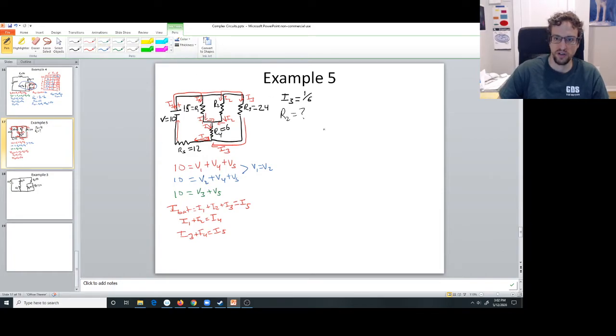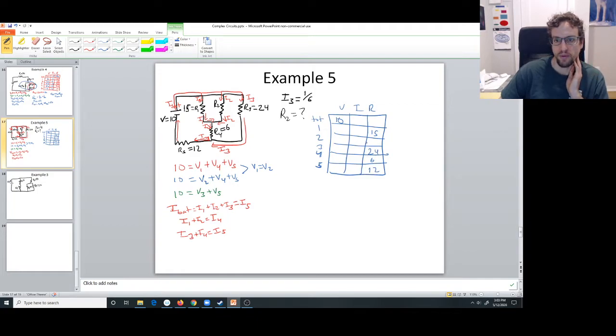Okay, let's draw our chart. This is 10. So this is VIR. Total 1, 2, 3, 4, 5. This is 15, 24, 6, 12.